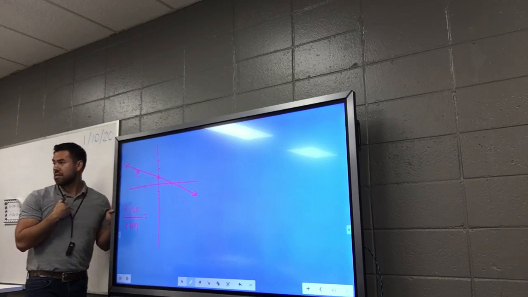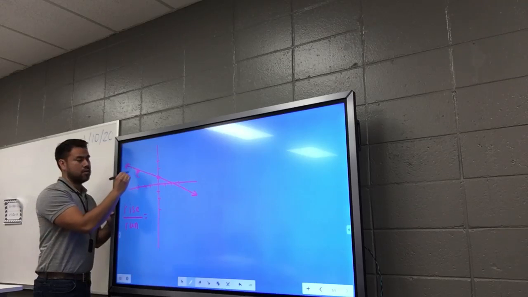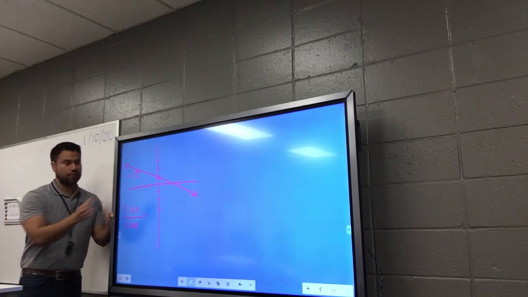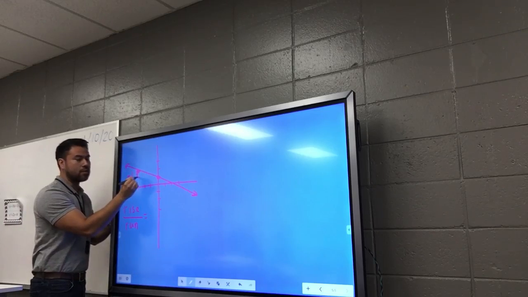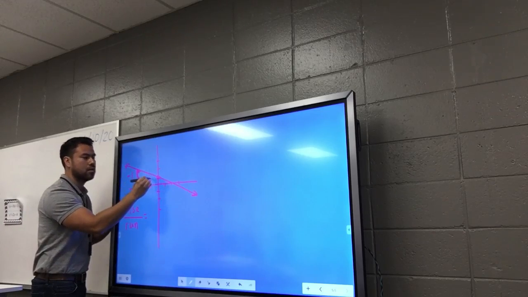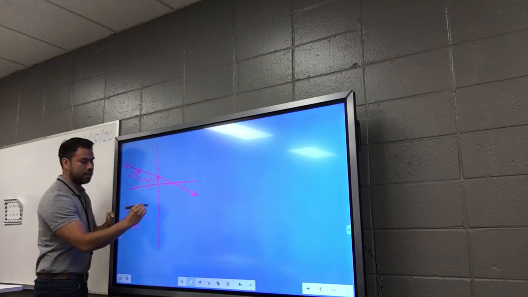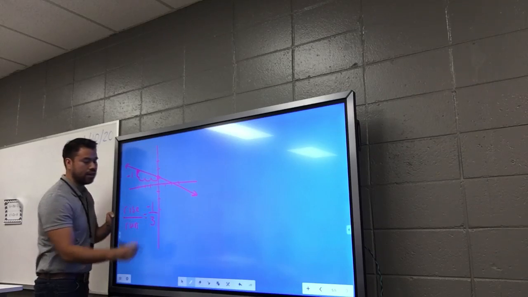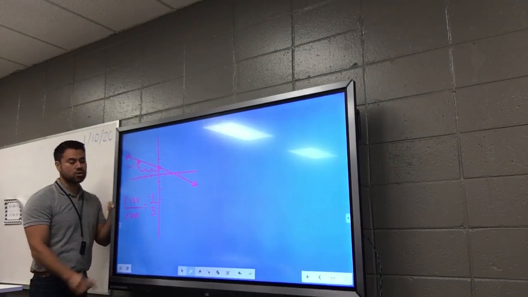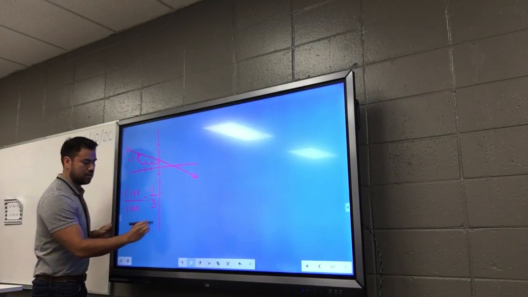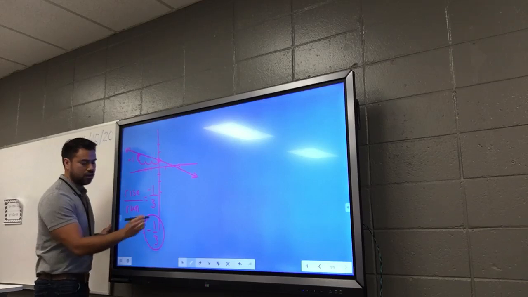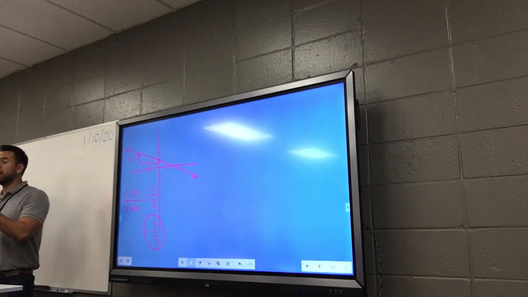Negative 1. It goes down 1, right? From here to here goes down 1. And then what's the run? 3. So you went down 1, and then you went to the right 3. So then what's your slope? Negative 1/3. Yep.